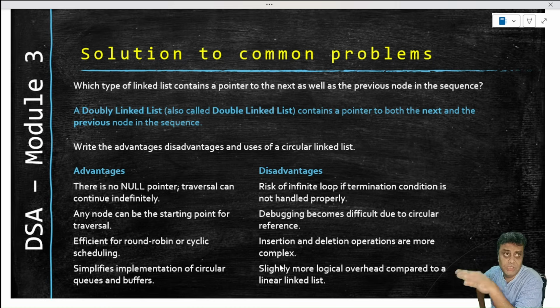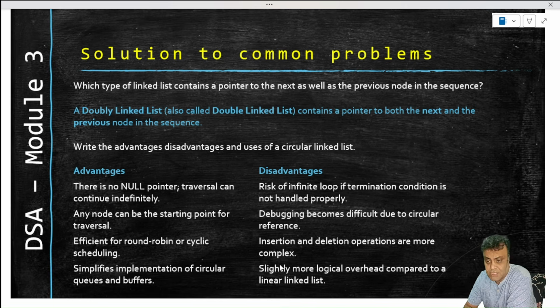You don't know which position you are from the beginning, so it might be difficult in terms of debugging. Insertion and deletions, you saw that they are a bit more complex than in the single linked list. So that's the circular linked list problem that we had. And that's pretty much the main advantages and disadvantages that you need to talk about.